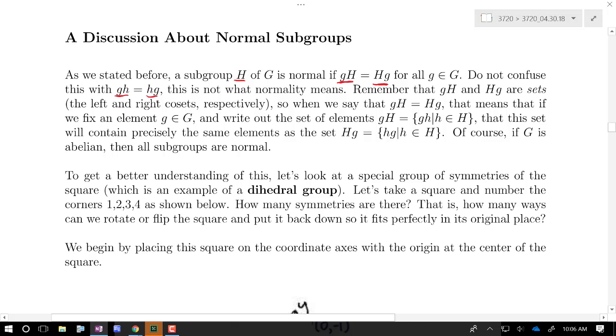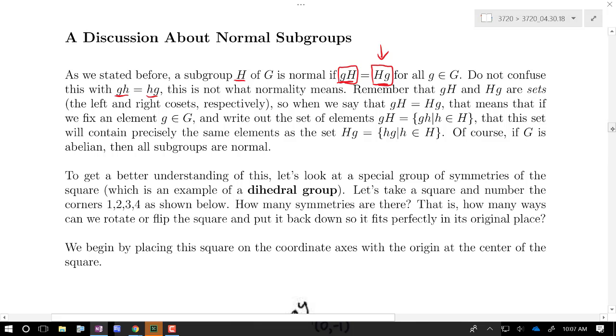It just means that these, which are sets, the left and right cosets, generate the same set of elements. If you take a subgroup H and combine elements of G with elements of H and see what sets you produce, those cosets, you will produce the same elements even if you find the right cosets.